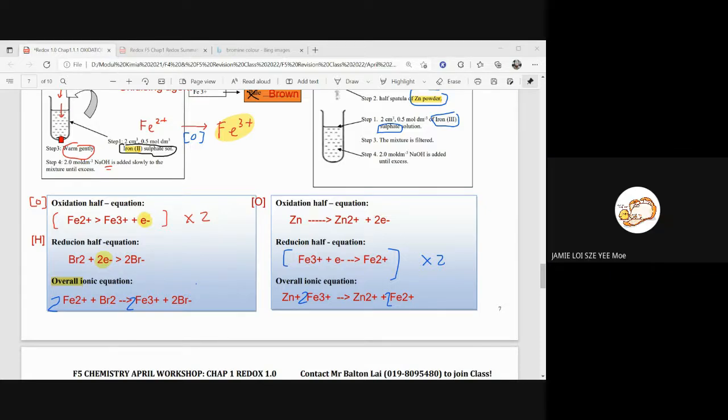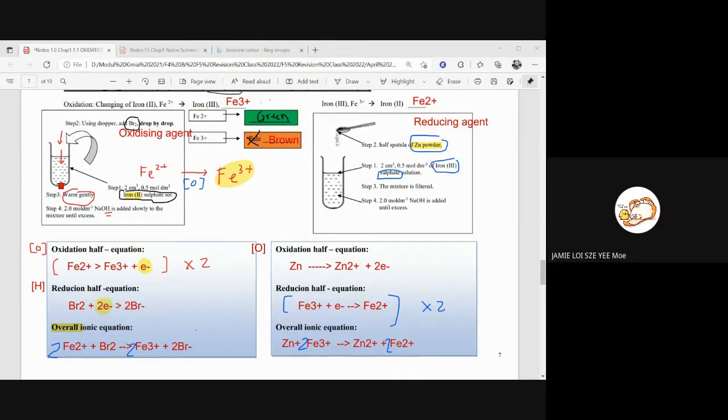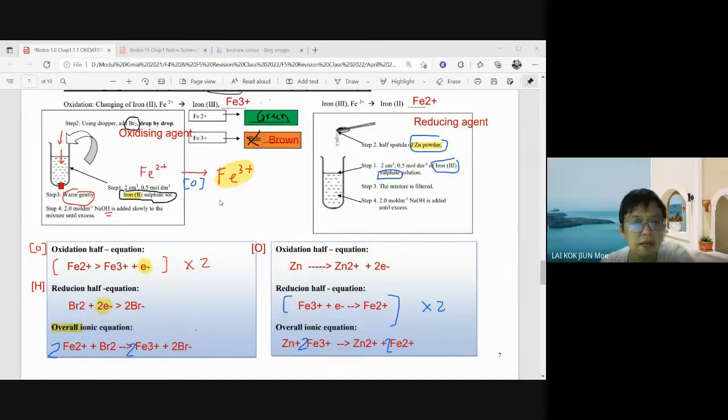Like the Fe3 plus and 2Br negative in the first equation. The first equation. Fe2 plus for which one? Fe2 plus and the experiment on the left hand side. Left hand side. Okay, so this means this one. So your question is why don't the products mix together?